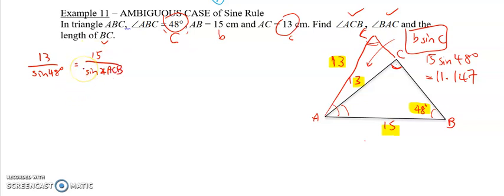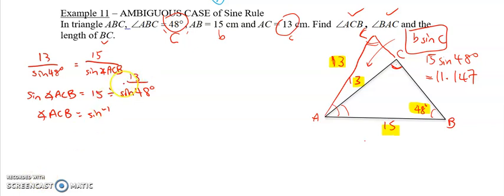If we want to find ACB, we can do a little bit of shifting values around. 15 divided by sine 48. To find angle ACB, we use inverse sine. On the calculator, this should be 13 divided by sine 48. We get inverse sine of 0.85747.